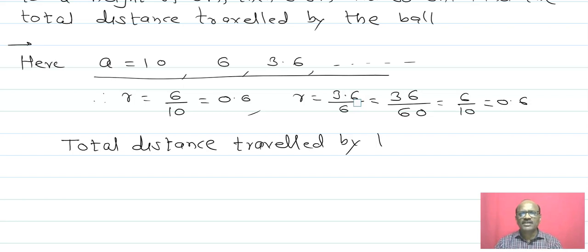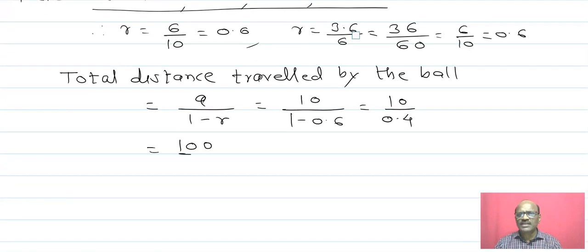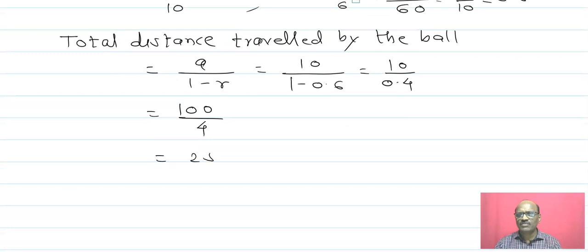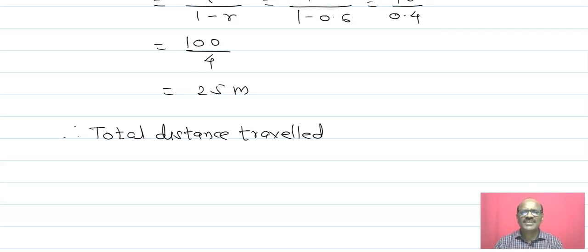Therefore the total distance traveled by ball is a upon 1 minus r. A is 10, 1 minus 0.6, that is 10 upon 0.4, and that is nothing but 100 upon 4, that is 25 meter, and this is the total distance traveled by that ball when that ball bounces.